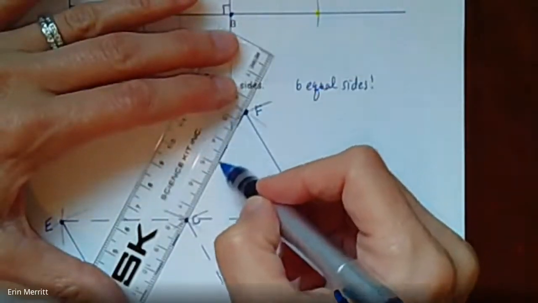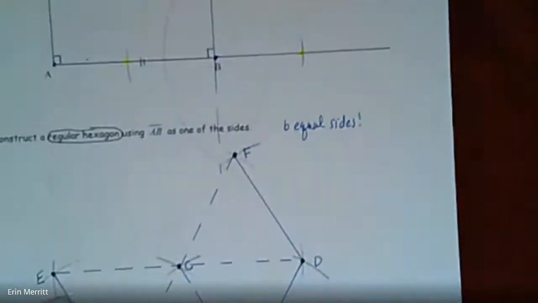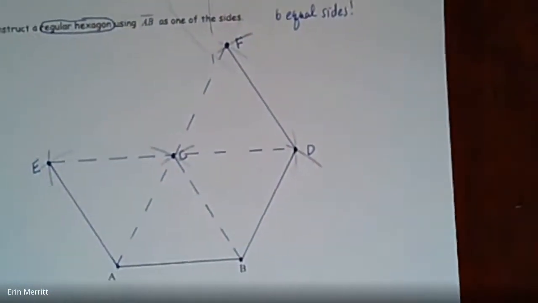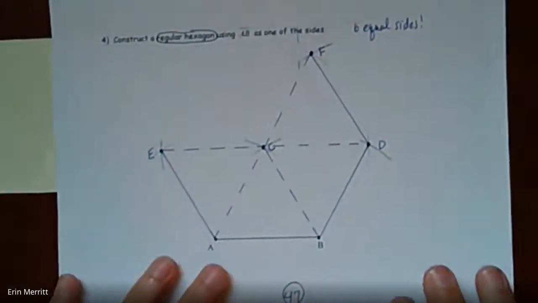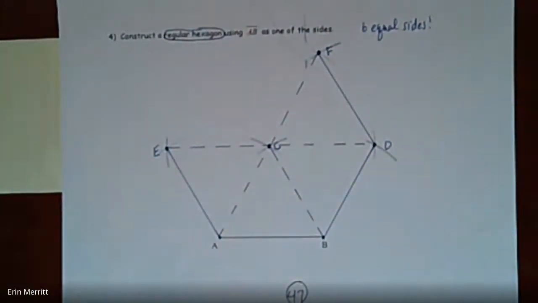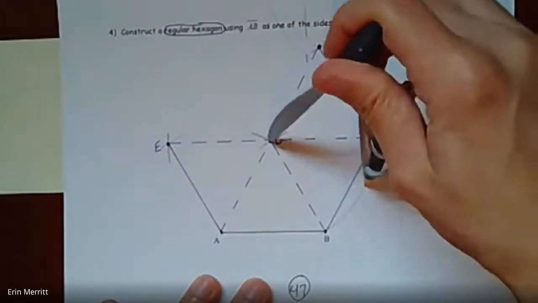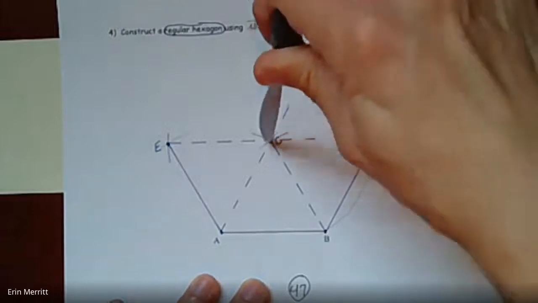And so I can continue to just do equilateral triangles one at a time. Or what you might start to notice, I'm going to zoom out just a little bit so that you guys can see more of this all at once. There we go. Is if I put my pointer on point C and I start at B and work my way around, see how some of the arcs kind of get swept right into this big old circle if I go all the way around.